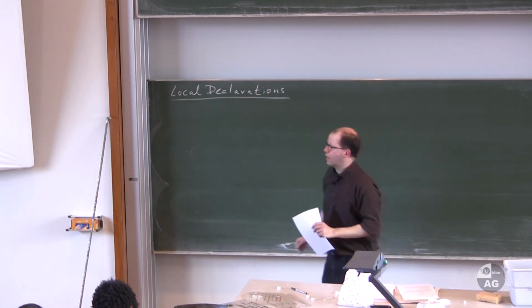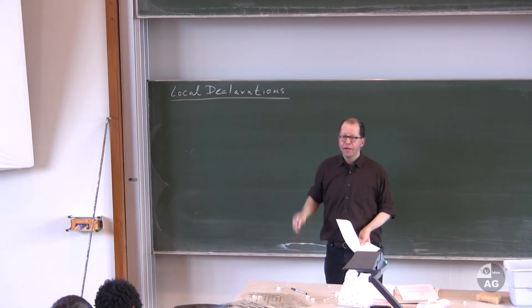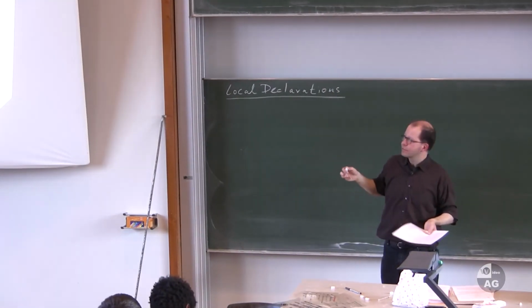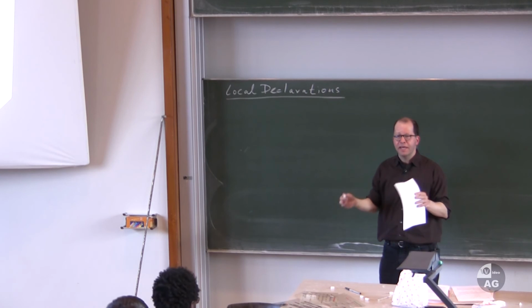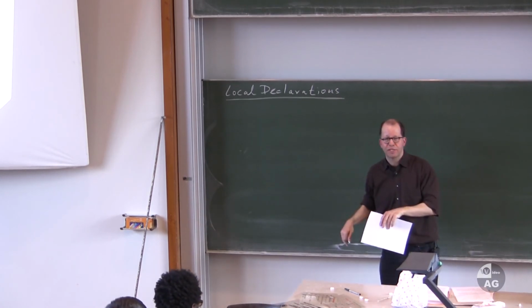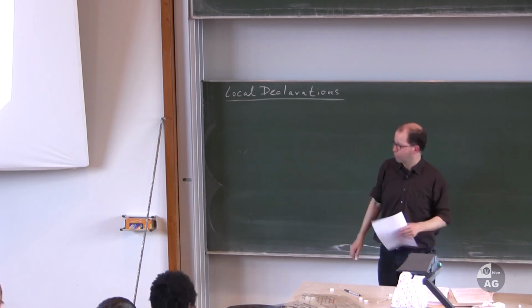Local declarations are declarations which are not on the top level of the program, but which are only specific to one function declaration. So you have a function declaration, and in that declaration you introduce a sub-declaration which is only in effect for this single function declaration and not for the whole program.